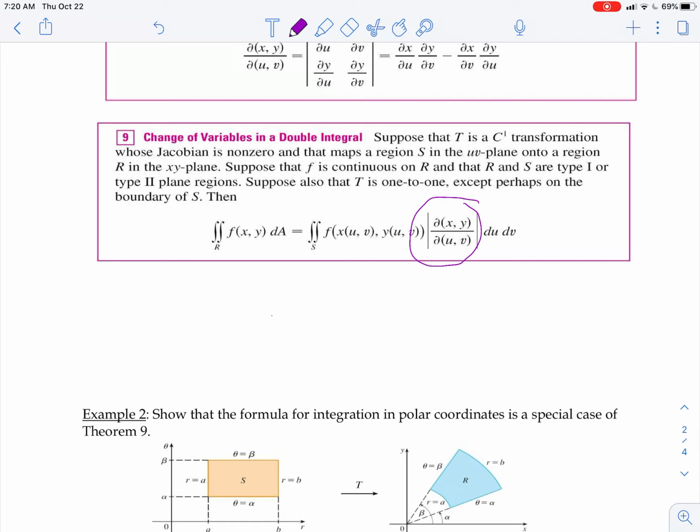One thing you do not want to forget is that dA is going to be the Jacobian. You don't want to forget the Jacobian. It's just like with polar coordinates, where sometimes you might forget the r in r dr d theta.